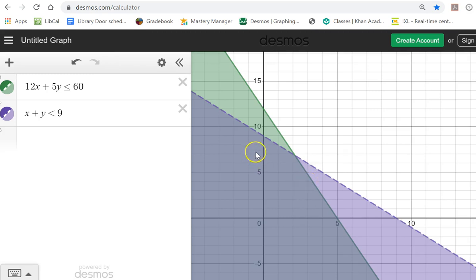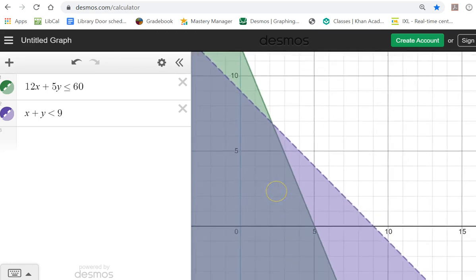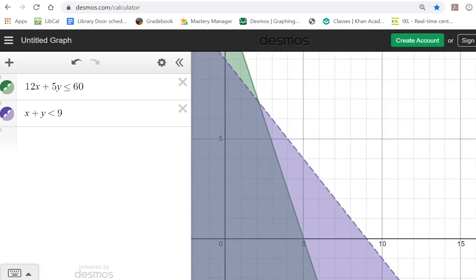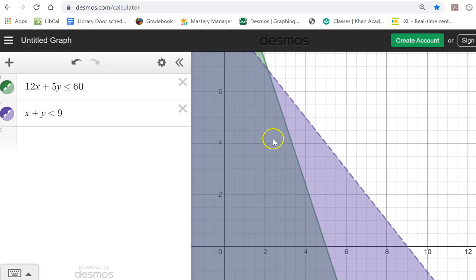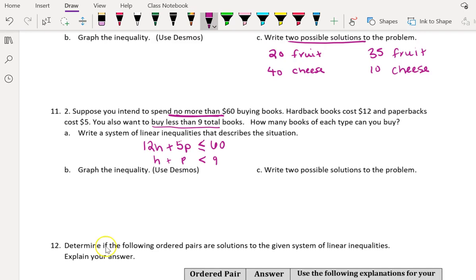Okay, any point in this gray region. Obviously we can't go past 0, 0, because if I go past 0, 0, then I'm into negative books. So I'm basically getting rid of that region, and I'm only focusing on the positive axis.